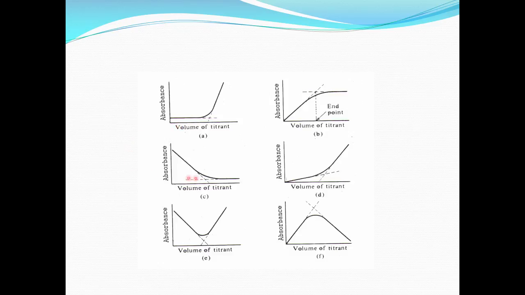So, this is the third one, paratoluidine is colored and perchloric acid is colorless. So, the color keeps on coming down, and then once all the paratoluidine is used up, the reaction mixture remains constant or colorless. So, a very simple example of such a reaction.